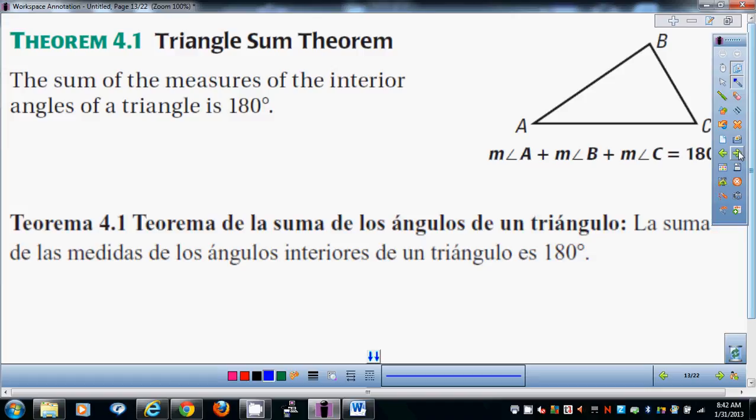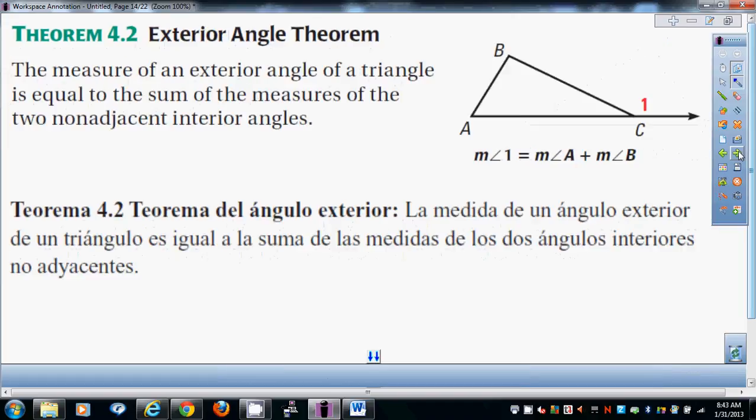Exterior angle theorem. This would be a good proof question because it's actually not that hard to think about. The exterior angle theorem says anytime you have one exterior angle of a triangle, in this case it would be this one, it's going to be the same thing as the sum of the other two interior angles.